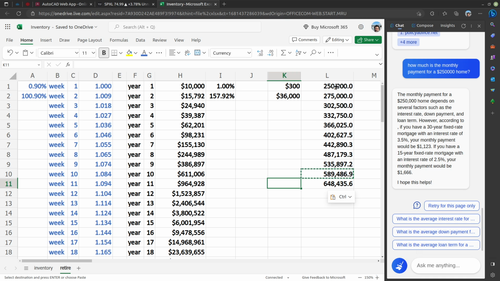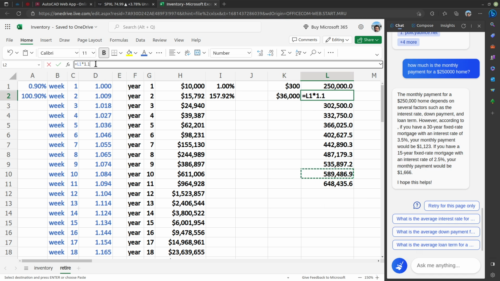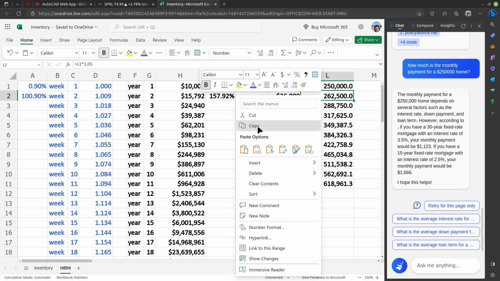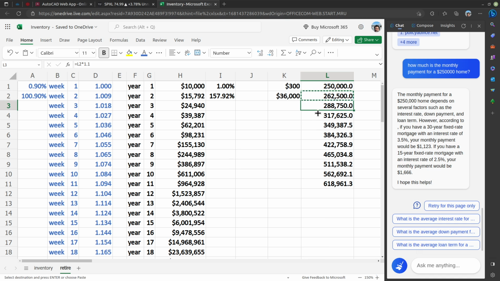Which is 250. I think I put too much money for inflation. It's not real. Let's change it. I think 5 was good, huh? I don't want to say you're gonna have 250 and compare to this because there's gonna be inflation here too.